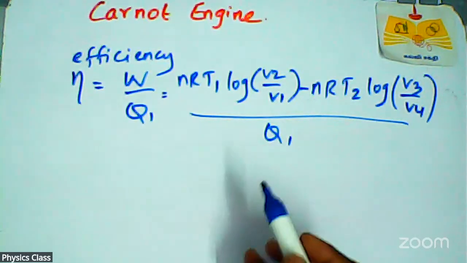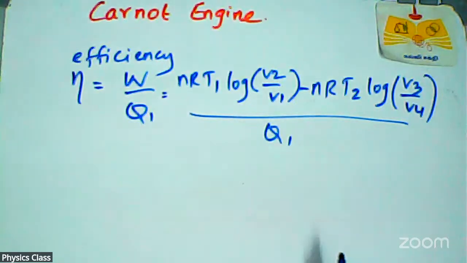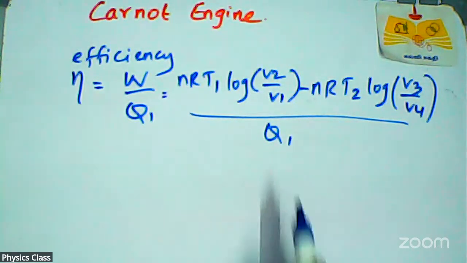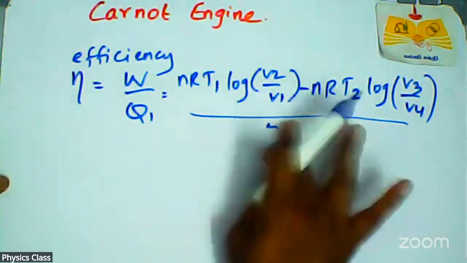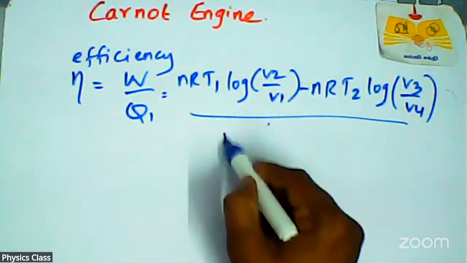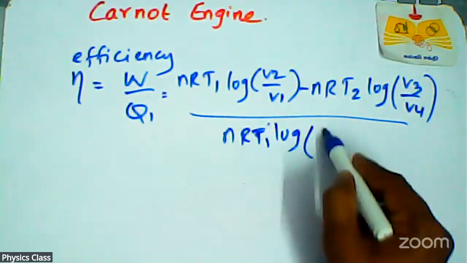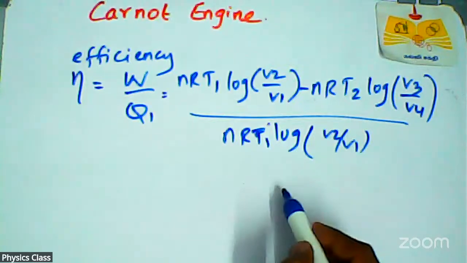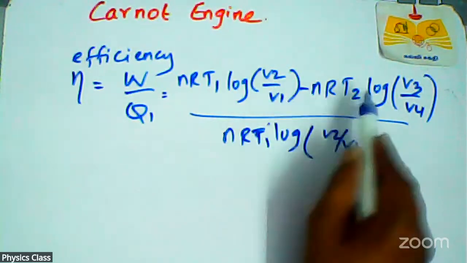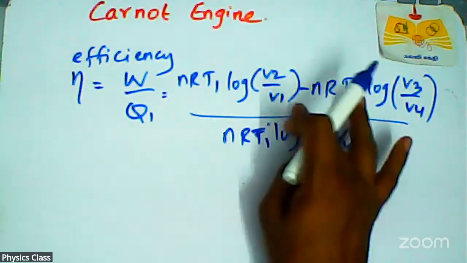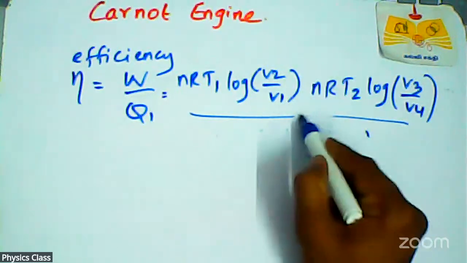So Q1, we already know that this is Q1. Already I told you this is Q1. So we can put nRT1 logarithm V2 by V1 here. This term belongs to both these equations, so we can separate like this.